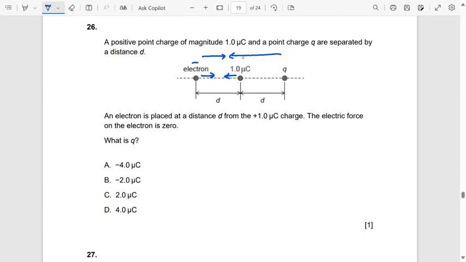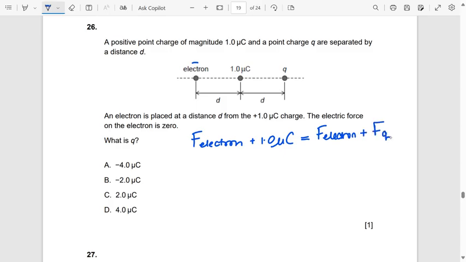So what we need to set up is an explanation for this. What we're going to do is say that the force between the electron and the 1 microcoulomb charge must be equal to the force between the electron and the Q charge.